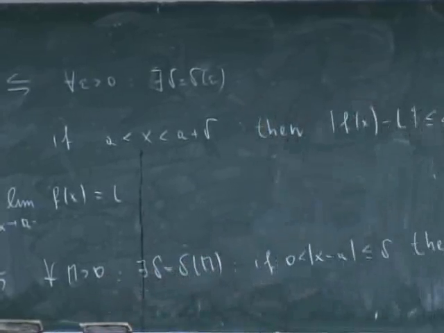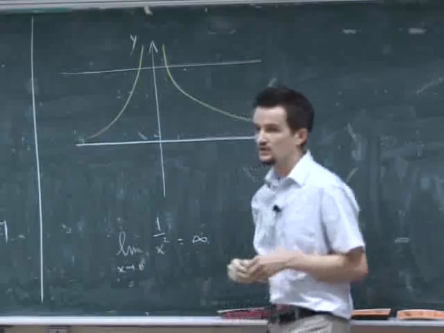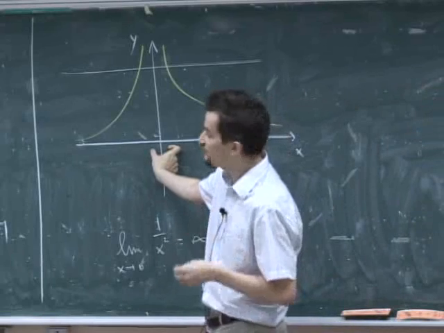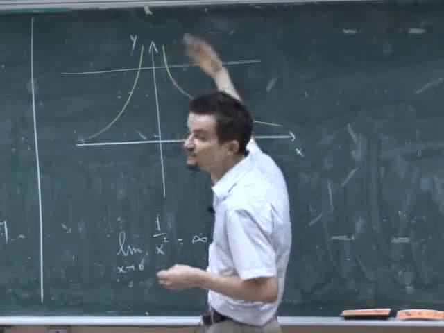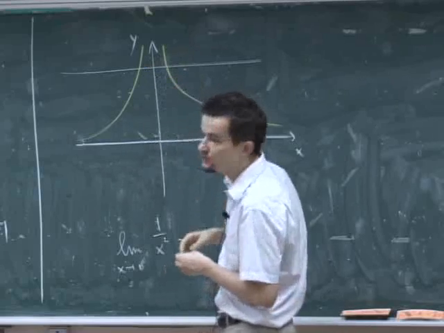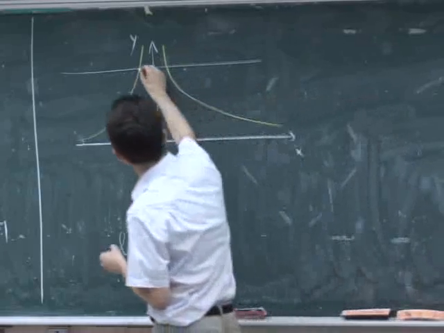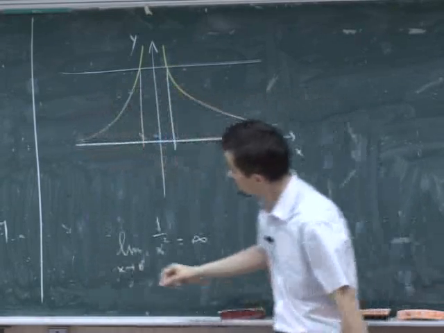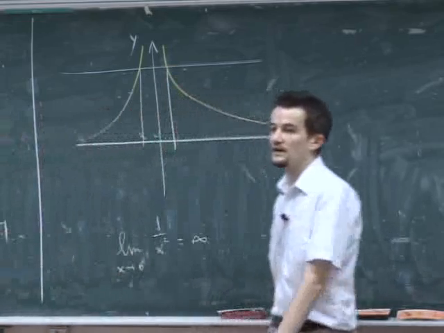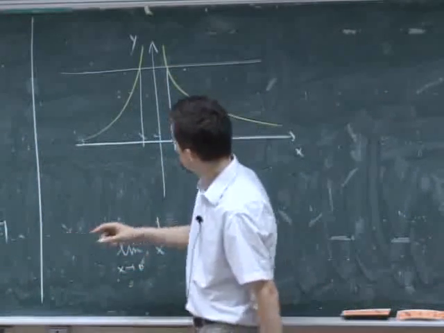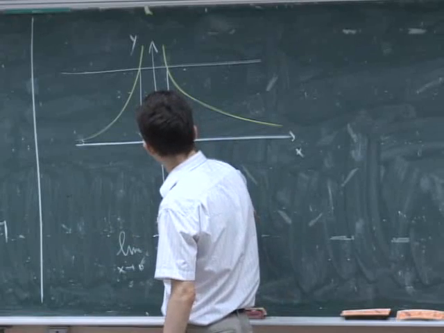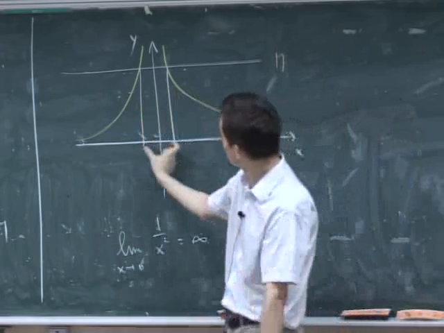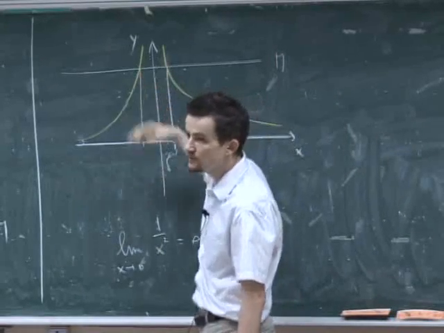So if I give you a large m, you have to give me an interval around 0 such that all function values are mapped above this bound m. So you see here, again, you have several choices. The best choice will be this one. It doesn't matter whether I write here larger or larger equal. So if I have larger equal, then you can choose this delta here. And this delta will do the job, because for all those x here, the function value will be above m.